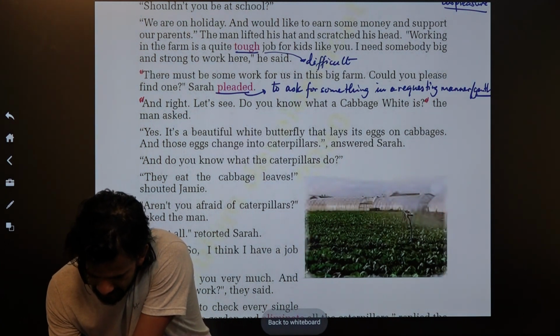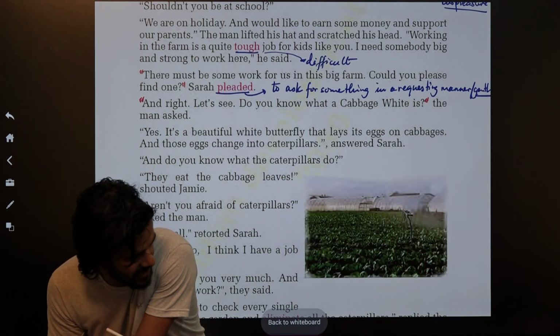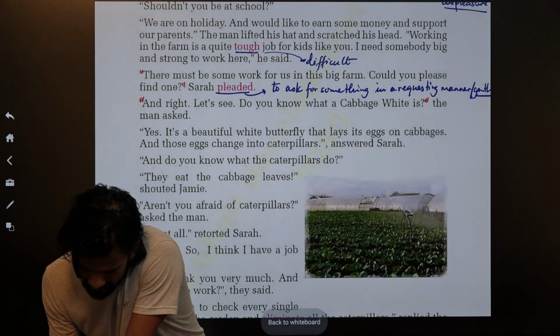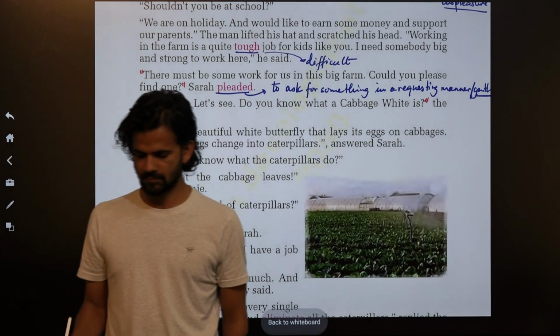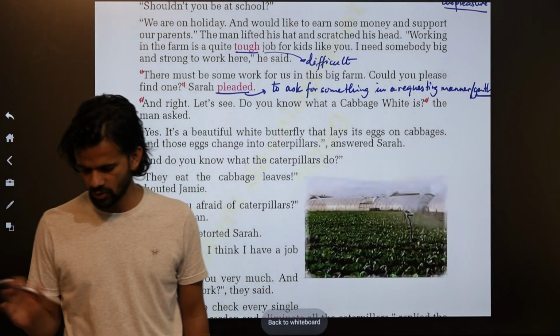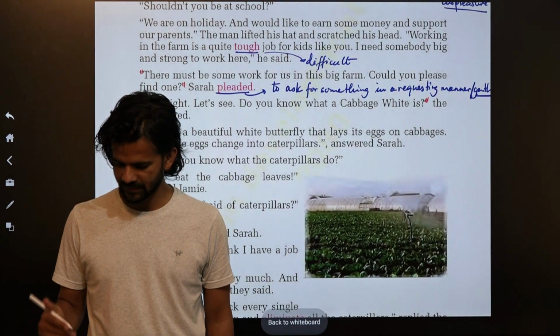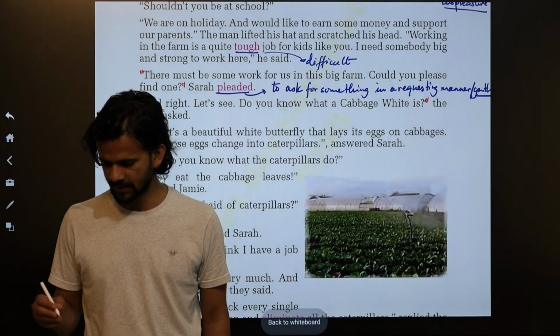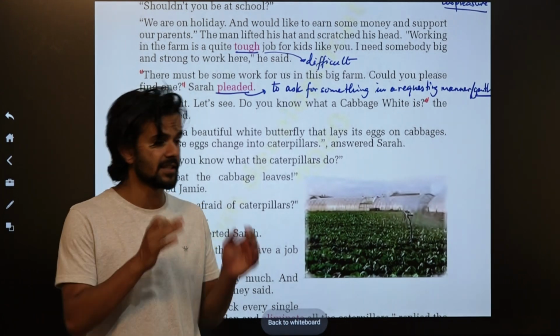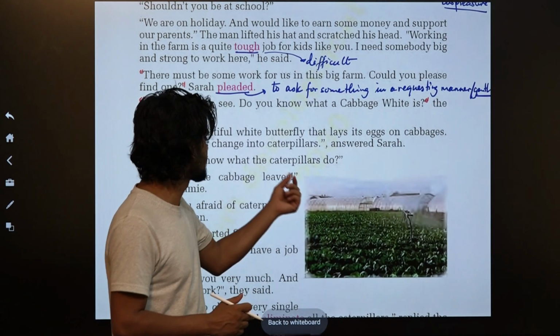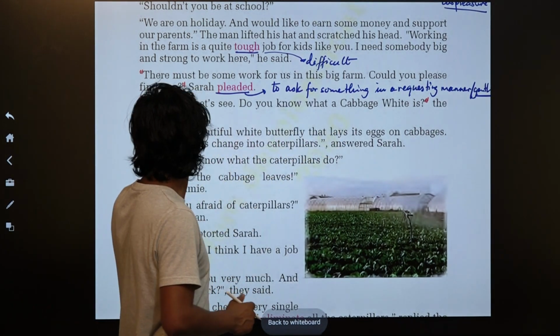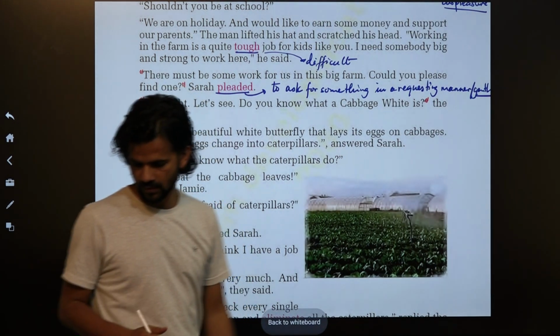It's exactly what the speaker is saying. Either you can say, the man asked, and right, let's see, do you know what the cabbage white is? Or you can say, and right, let's see, do you know what the cabbage white is? The man asked. It can be at the end also, you see here.